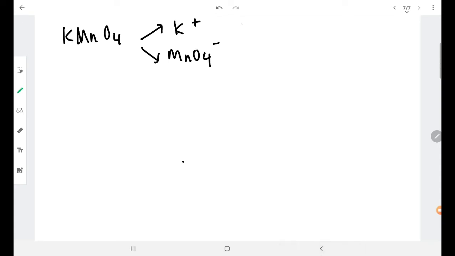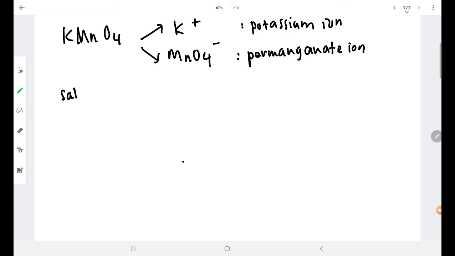So K plus is potassium ion and MnO4 minus is permanganate ion. So the name of this salt is potassium permanganate. Okay, that is how we name the cation and anion.